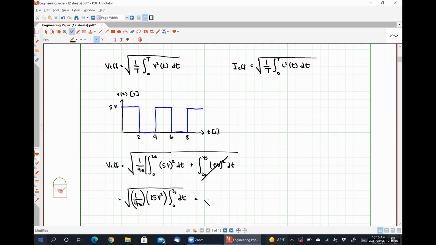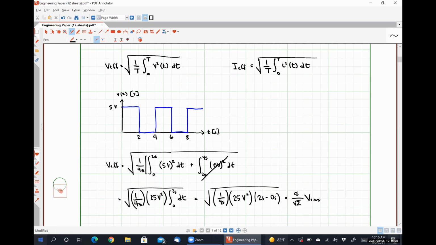So this is going to look like the square root of 1/4 seconds times 25 volts squared times 2 seconds minus 0 seconds, which is going to be 5 divided by the square root of 2 volts RMS.